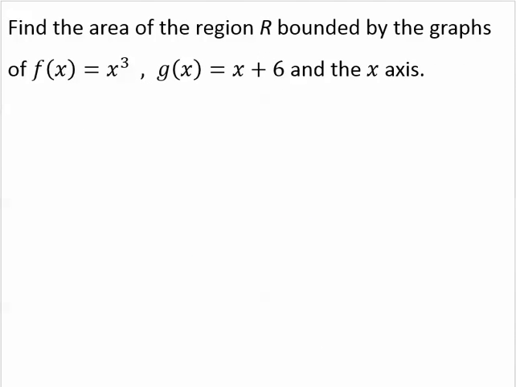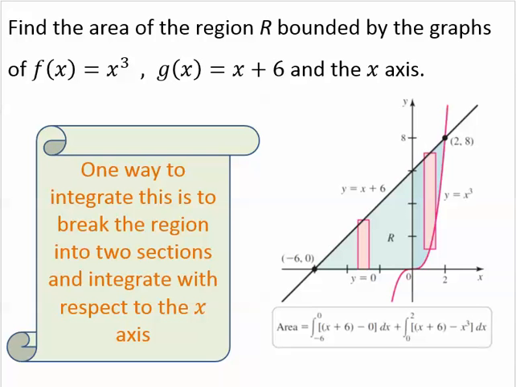Let's do an example. Find the area of the region bounded by the graphs of f and g and the x-axis. One way to integrate this is to break the region into two sections and integrate with respect to the x-axis.